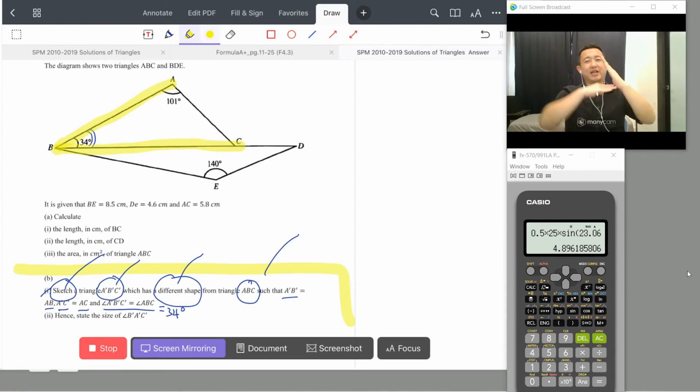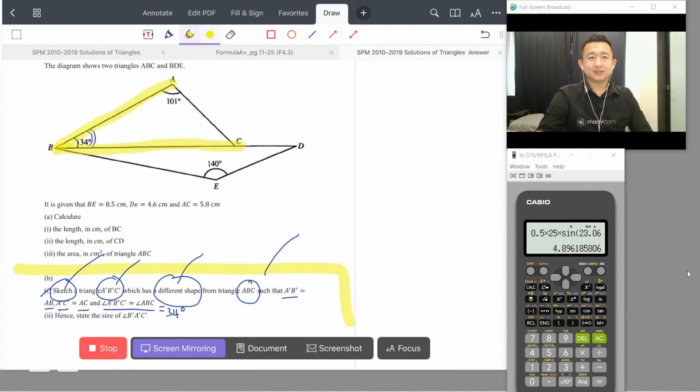There's no way that you can change it, because whenever you change it, the angle will be different. So you cannot change it. AB and BC will be forever in this shape, because 34 degree is fixed. You cannot change it. If you change it, the angle will be different.